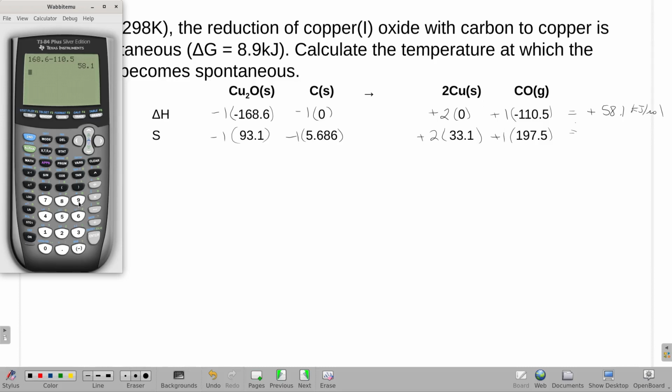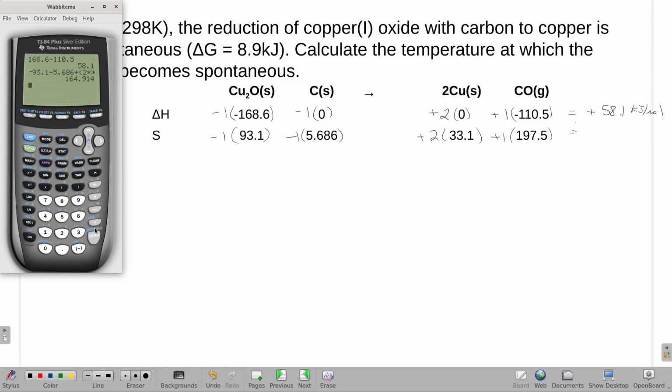Then I have negative 93.1 minus 5.686 plus 2 times 33.1 plus 197.5.